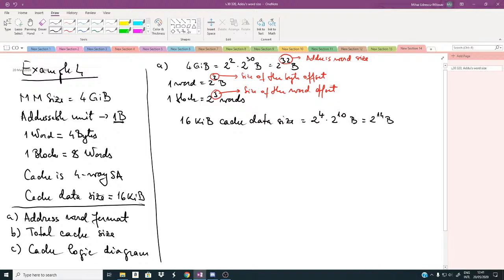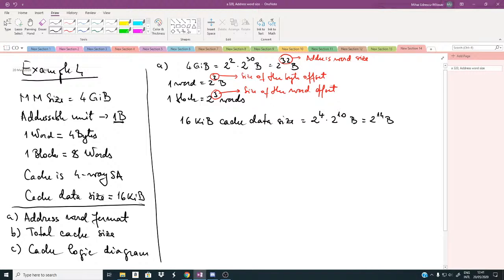That's the size of the cache. Now, I'm going to divide this size by the size of one block. But how many bytes has one block?